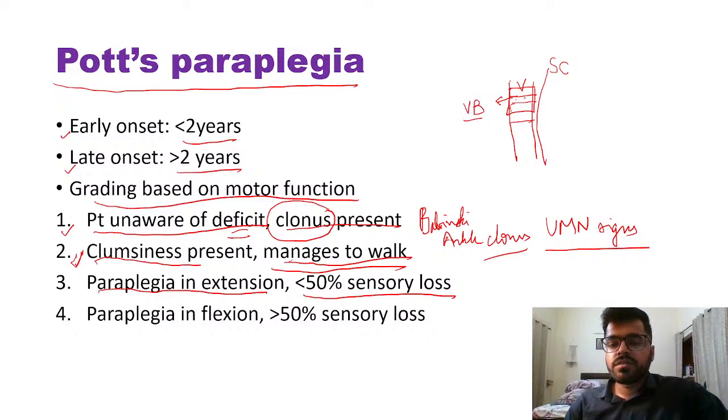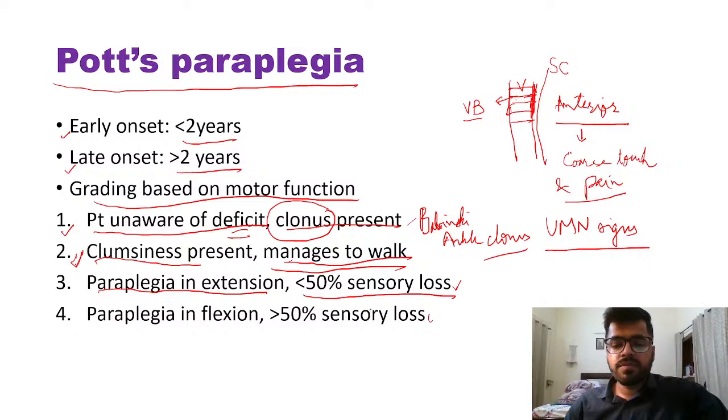So whenever compressive symptoms occur, they will first occur on the anterior part of the spinal cord. So the anterior sensory tracts will get affected first, and the posterior ones will get affected later. So that's why less than 50% sensory loss means that coarse touch and pain are affected first.